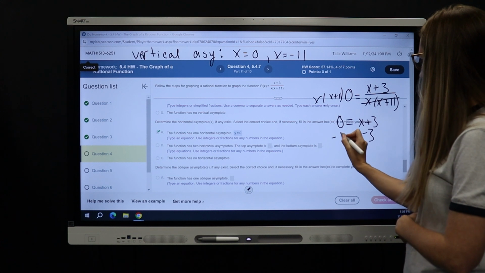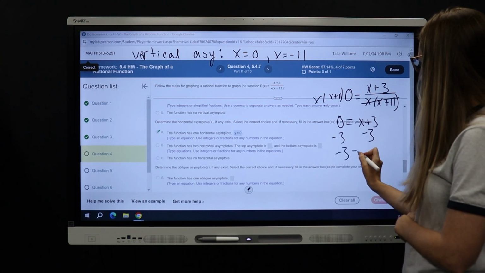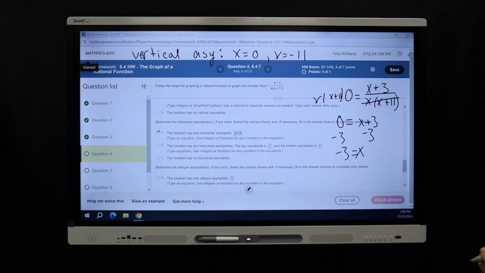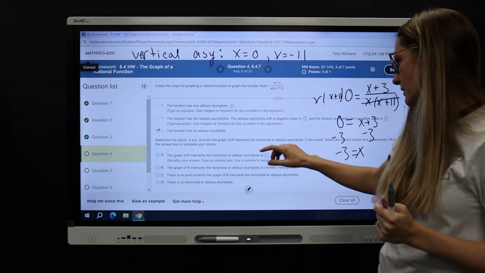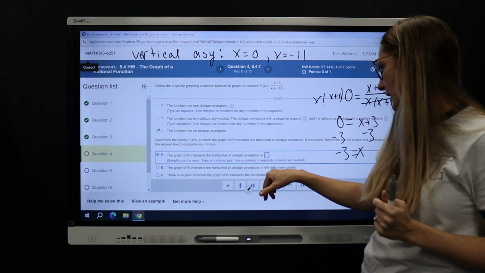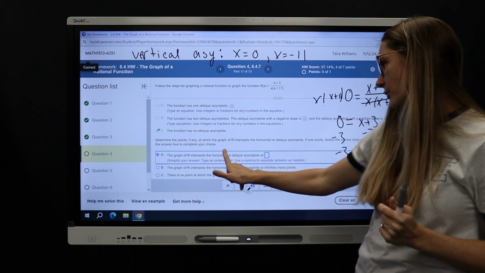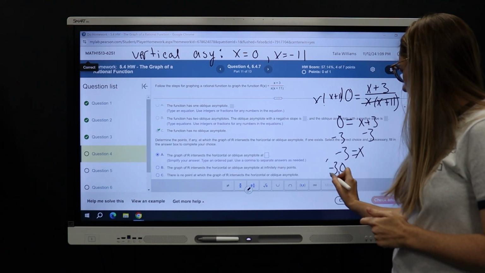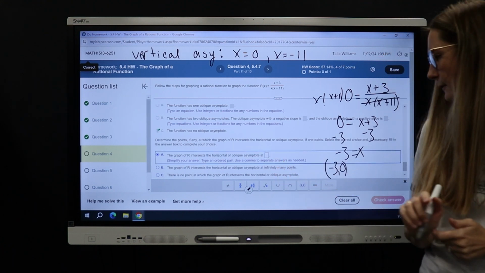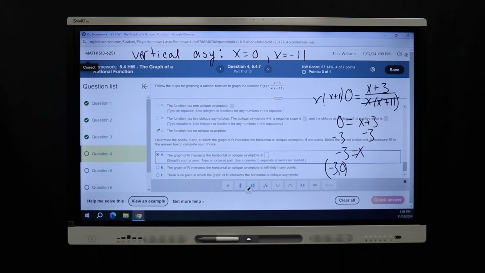Then we'd subtract our 3, so negative 3 equals x. So our graph intersects the horizontal asymptote at a type and ordered pair. So this would be negative 3, and y is 0. Helps if it's in the thing.